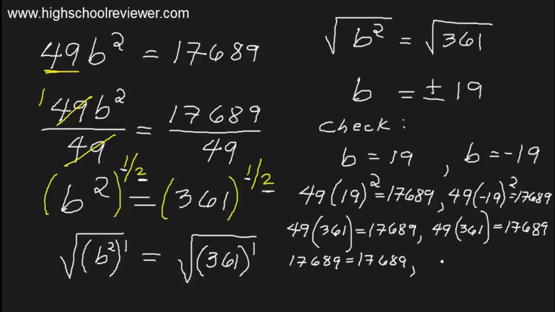Again, this is also equal to 17,689. Therefore, our answers for b, positive 19 and negative 19, are correct.